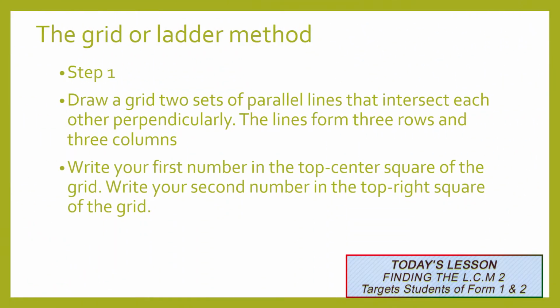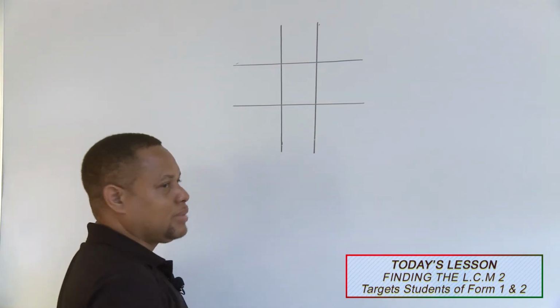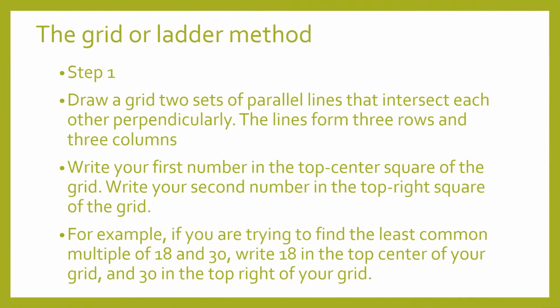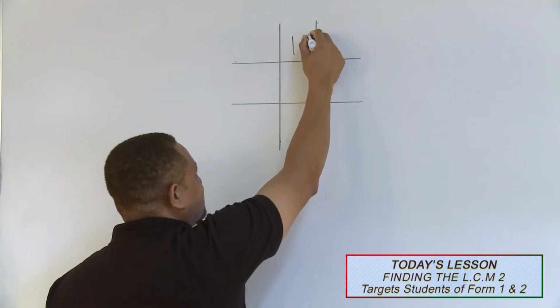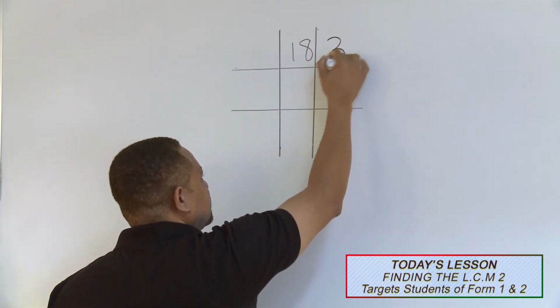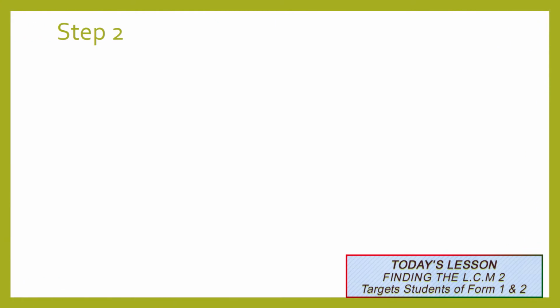We're going to write the first number in the top center square of the column, which is usually this column, and the second number to the right. For example, if I want to find the LCM of 18 and 30, I'm going to put first number 18, this column, and 30, this column.